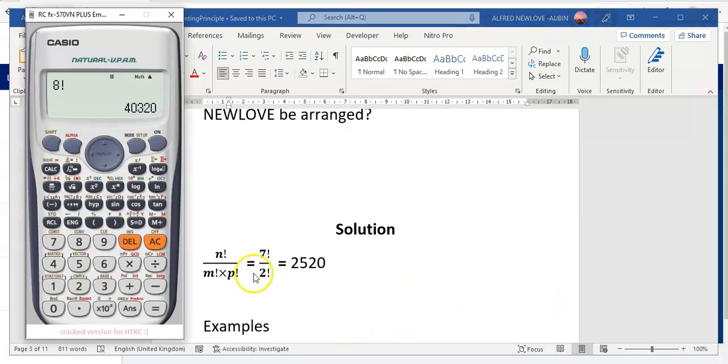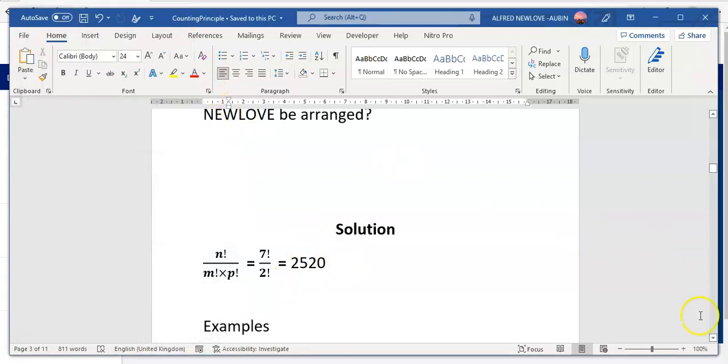We've done it before, we are doing it again. So this one is going to be 7 factorial over 2 factorial, and this gives us this one.